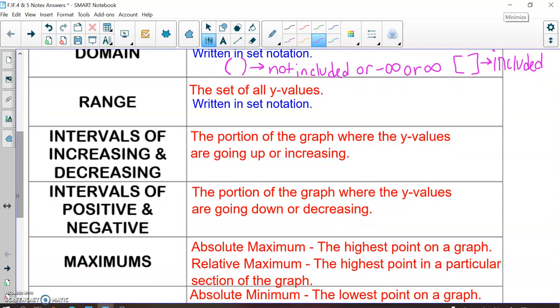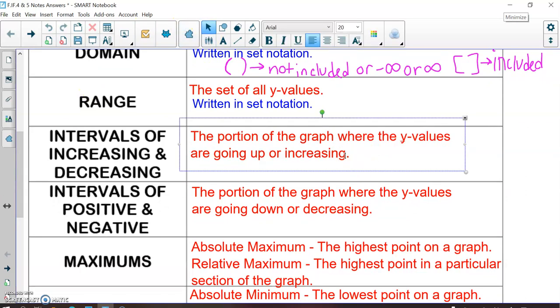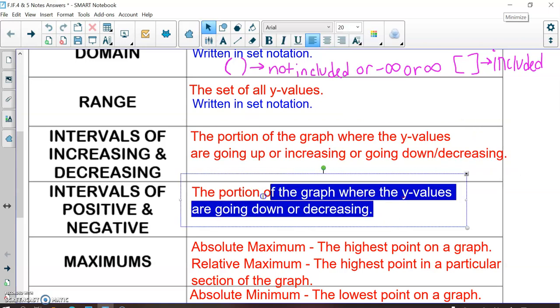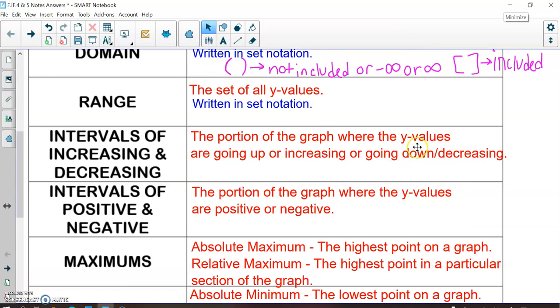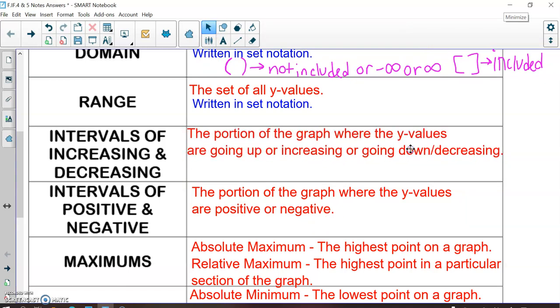All right, so intervals of increasing or decreasing. Intervals of increasing is when your y values are going up.